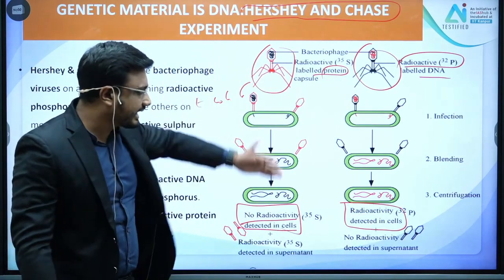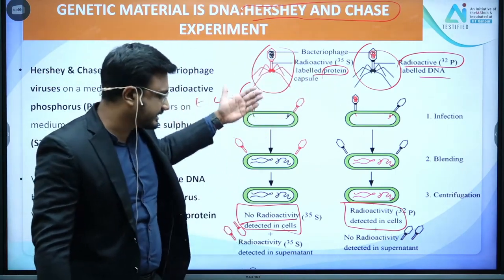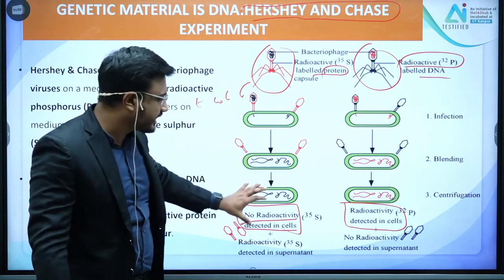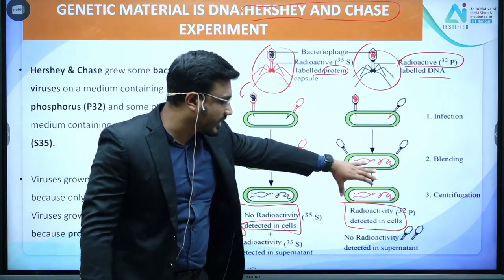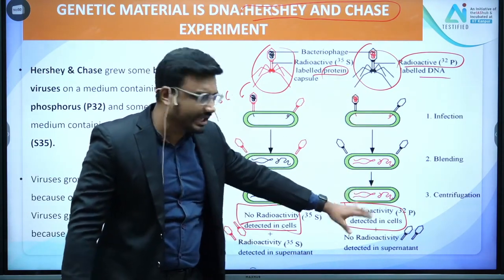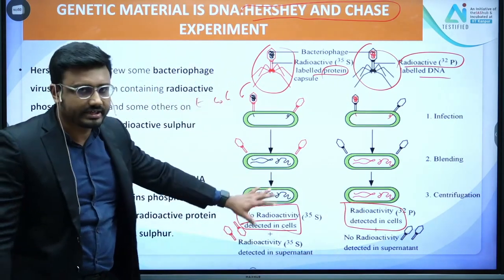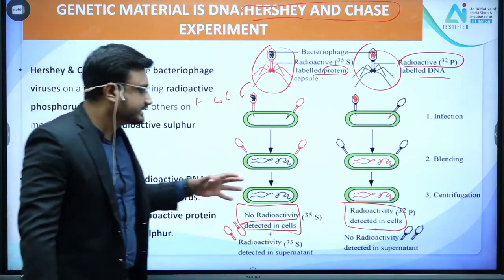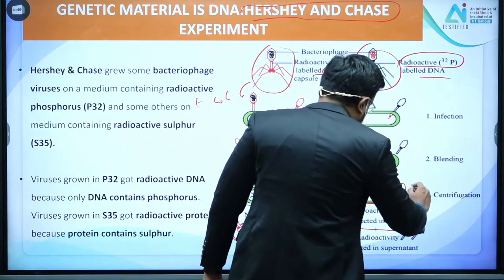So that indicated that the genetic material of the bacteriophage that was transferred to the E. coli cells, the one radioactively labeled with phosphorus, that is the DNA, showed radioactivity there, but here no radioactivity was detected. Hence we were able to find that the genetic material being transferred is the DNA.